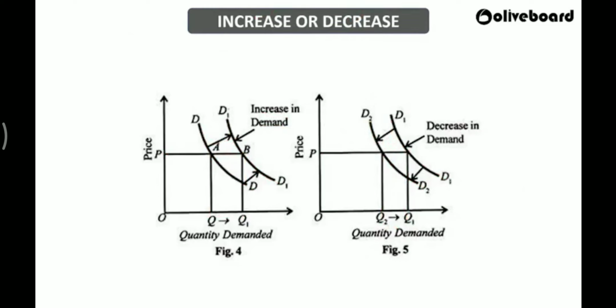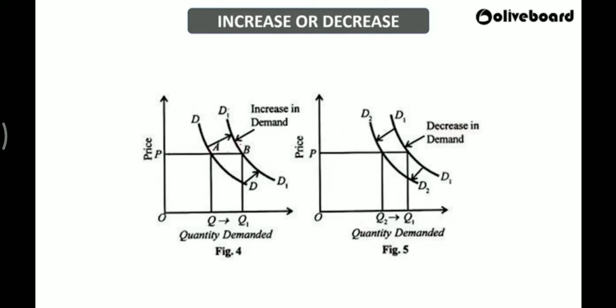I repeat again, when there is an increase or decrease in demand because of changes in factors other than price, it is called a shift in the demand curve. Your demand curve itself will move. In the earlier case, you moved along the same demand curve, but here the demand curve itself shifts because of changes in other factors, not because of price.